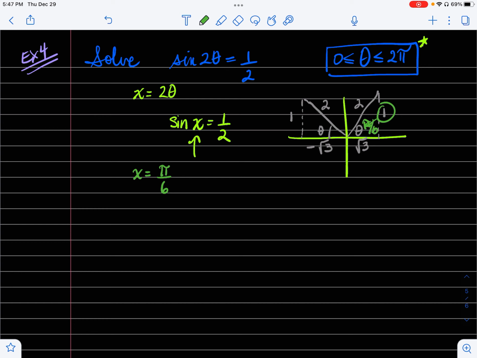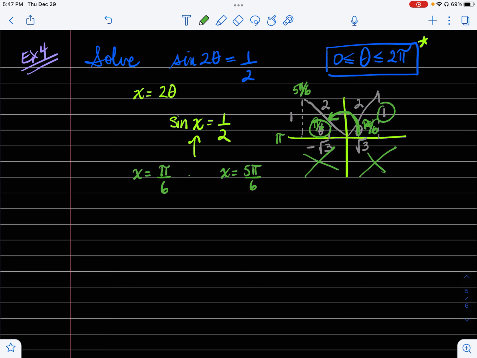Pi over 6, which means we're going up in a sixth, which means this is also pi over 6, which means the actual angle, which is this one, would be 5 pi over 6, because we are a sixth away from pi. So the other possible answer is x is equal to 5 pi over 6. And no answers are going to come from here or here because both these quadrants, sine value is negative.